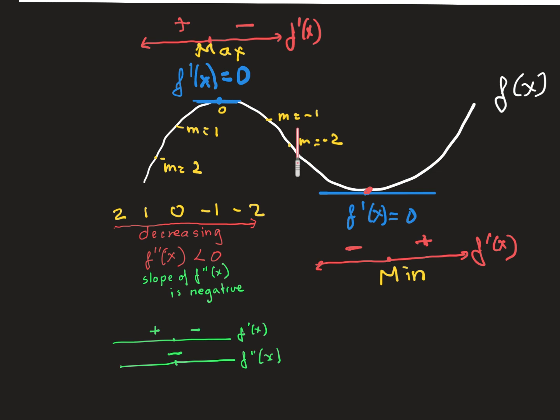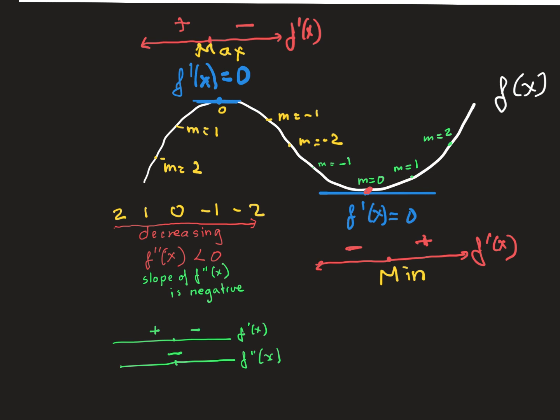All right, let's have a look at this minimum turning point over here and look at the slope of each one. As we go over here, the slope would be m equal to, say, minus 1. The slope here will be 0. On this side, our slope is going to be positive, and it'll continue being positive and higher. So the slope of the derivative is now increasing.